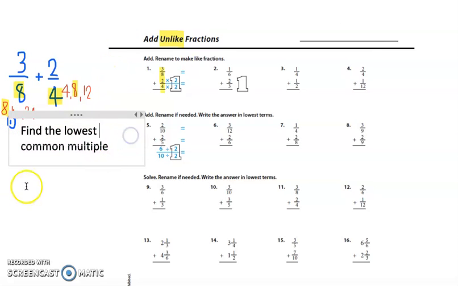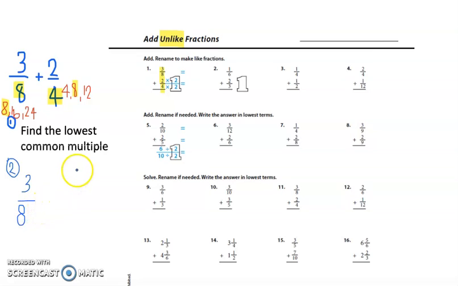Okay. And step number 2 is we're going to rename the fraction. Since 3 over 8 is already in 8, I'm going to keep it. However, 2 over 4 is the fraction that needs to be changed. So let's rename it.